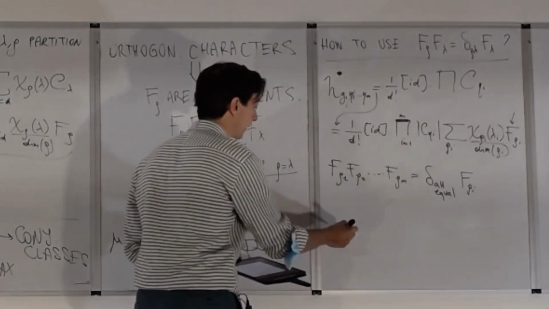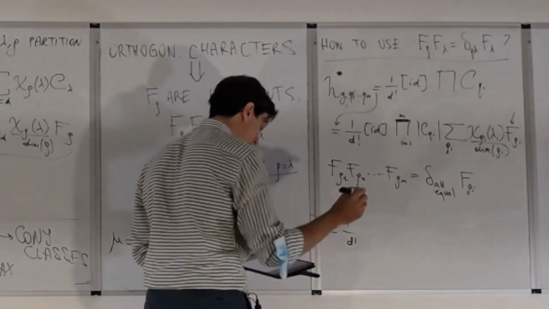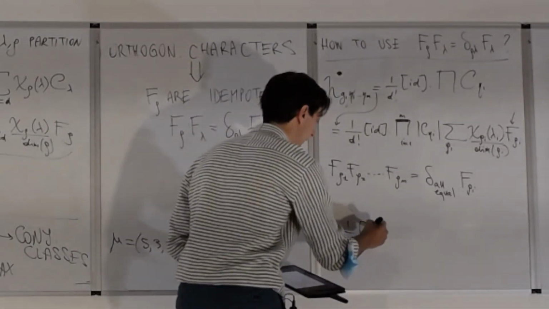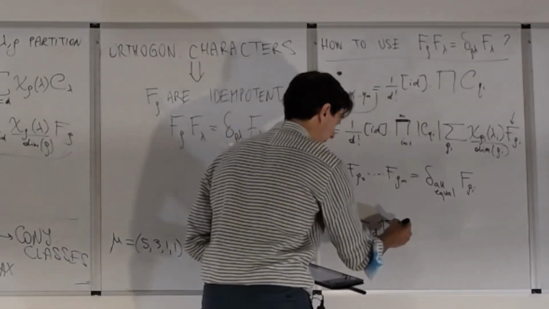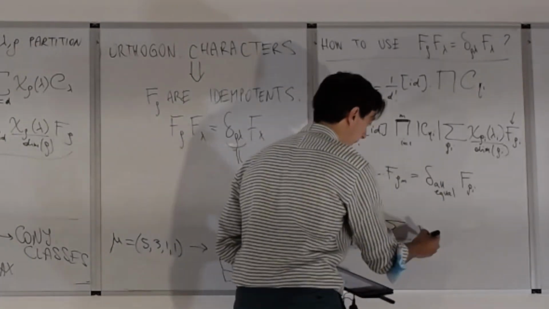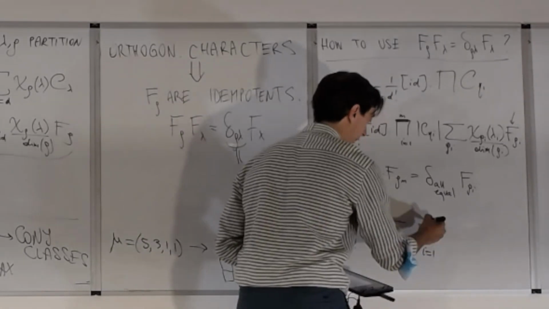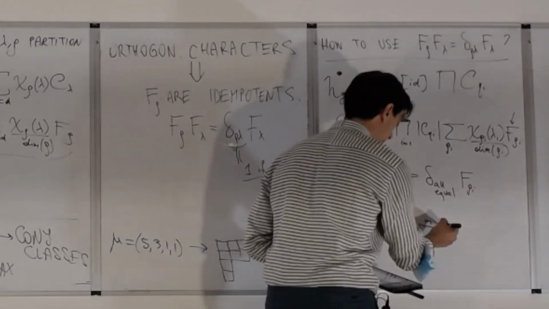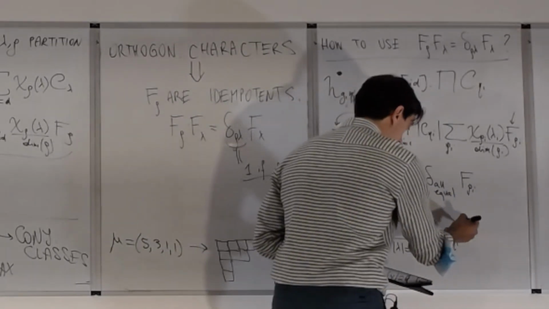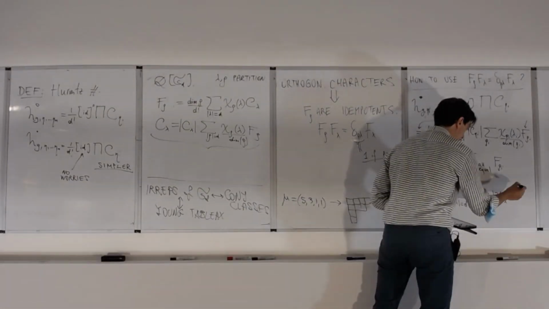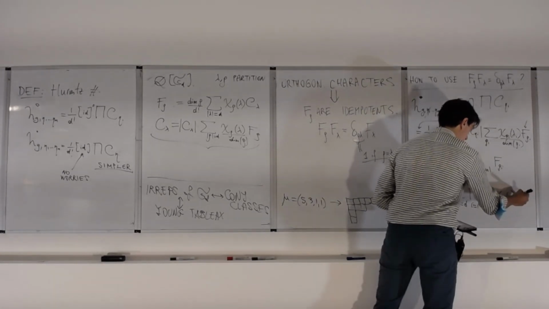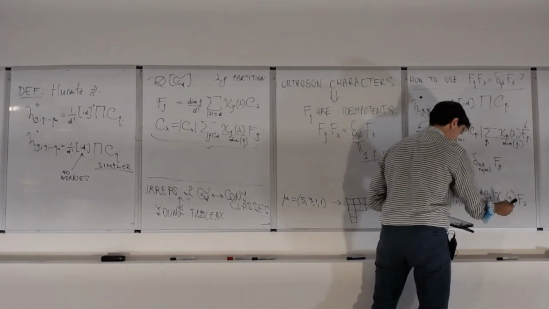So what you get is 1 over d factorial. And here you're counting the identities inside the sum over lambda of size d. And here you have product I from 1 to m. And then you have your C mu, C eta I, chi lambda eta I, F lambda, dimension of lambda.